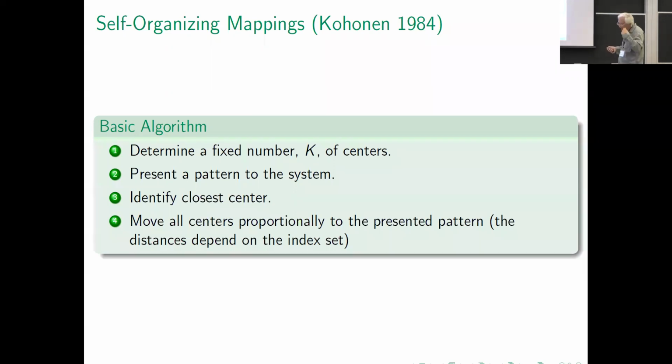So you're going to present a new point to the system. You identify the closest center, so measure distances between points, and then move the centers proportionally towards that point. Proportionally means based on their index. The winning center carries its buddies along, let's say, because they have indices which are close to him or her or them. Okay.